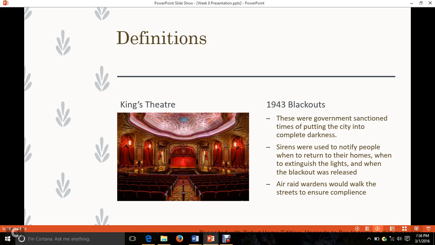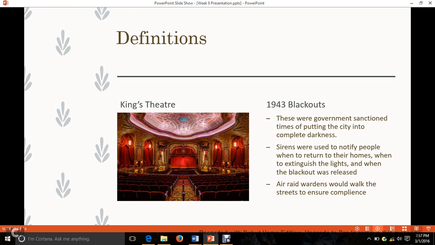Another element that was mentioned was the King's Theater on Flatbush Avenue. And this is a theater that was the coolest thing to grace New York for a long time. I do suggest you go to their website. They're still in production. And the Brooklyn Flatbush King's Theater, so just Google it. And it's cool because, and we're not going to go there now, but they've restored this theater to its previous glory.